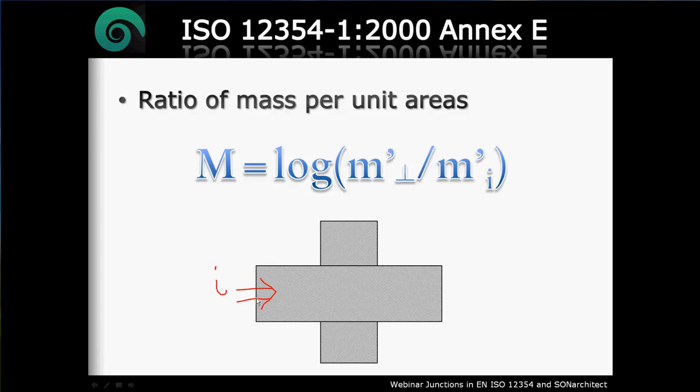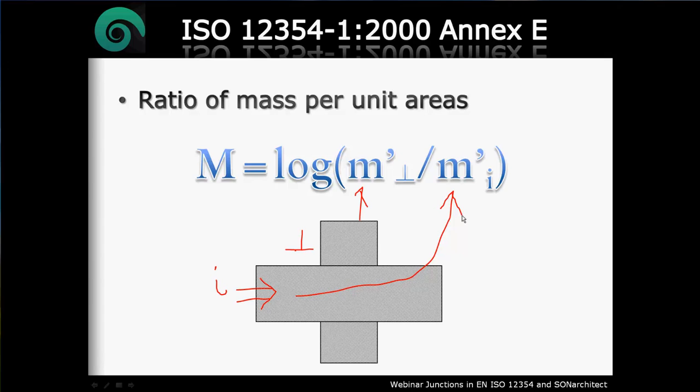So this will be the I element, and this one will be the perpendicular element. So this one will be the mass per unit area that we will put in this part of the formula, and this other one will be here. Okay, this is maybe a bit confusing at the beginning because you always have to change the ratio if we are calculating another vibration reduction index depending on where the vibration is coming from.